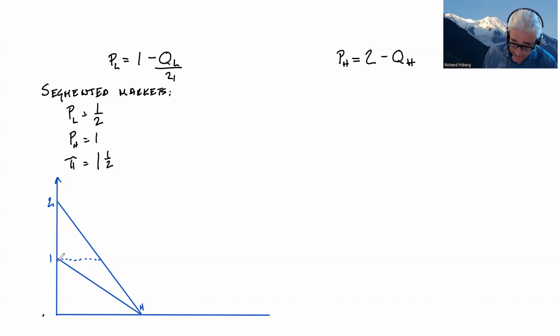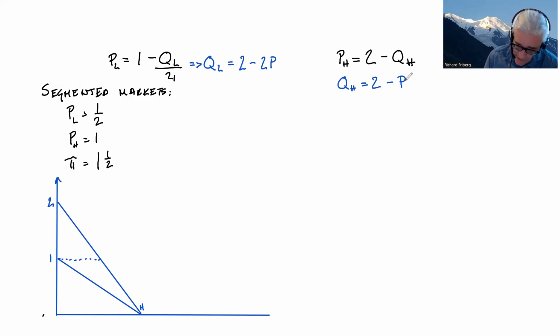So it's useful to rewrite these in terms of the actual demand curves, not the inverse demand curves. So multiplying up, QL is equal to what? 2 minus 2P. And what's QH? Well, QH is equal to, just reshuffling here, 2 minus P.